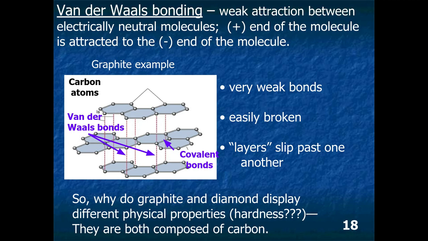Well, the answer is that it takes various kinds of geologic conditions to rearrange the carbon atoms into either a van der Waals or a covalent bond.